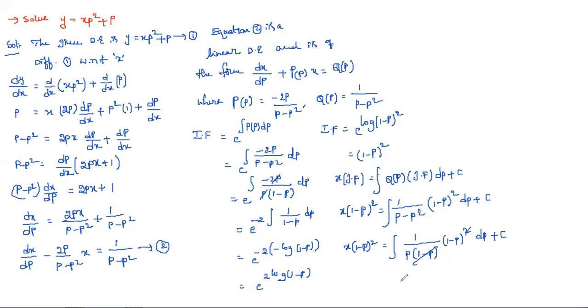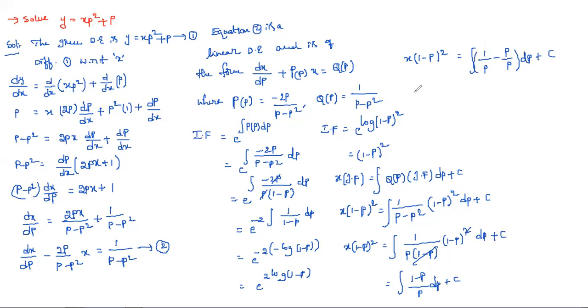And then what about the remaining? Integral (1 minus p) by p dp plus constant. Okay, and now x into (1 minus p) whole square is equal to, so simply you can split the terms. If you split the term, 1 by p minus p by p into dp plus constant, right?